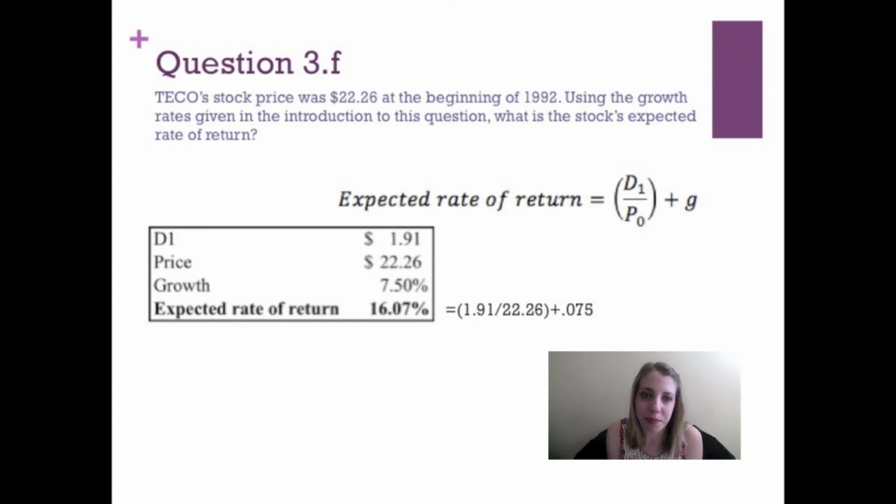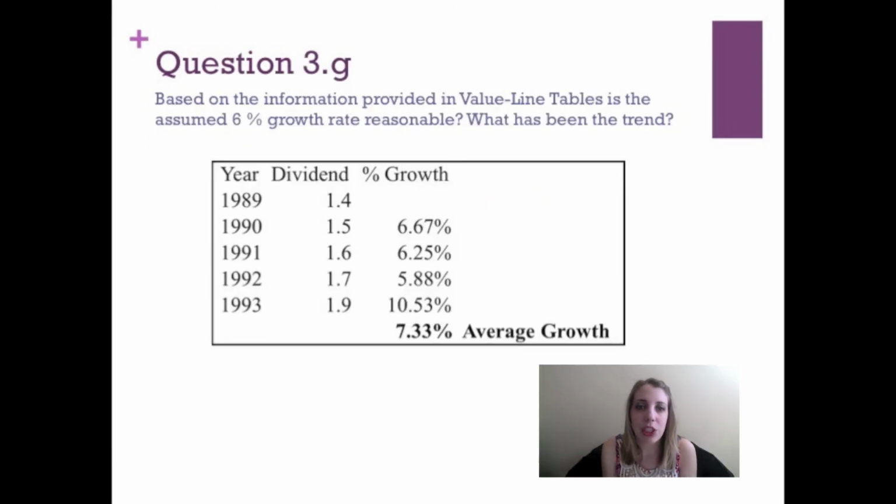So question 3G asks us if the 6% growth rate is reasonable to use, and looking at the dividend trends through the past years, the dividends seem to be increasing by 10 cents from 1989 to 1992, but then in 1993 the dividend increased by 20 cents, making the growth rate between 1992 and 1993 10.53%.